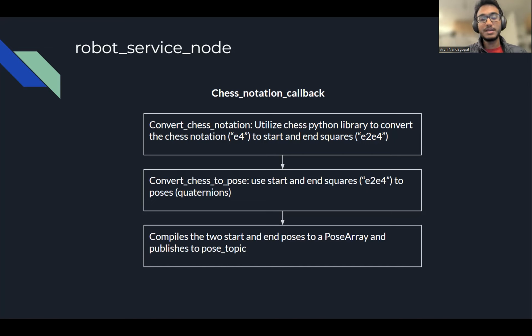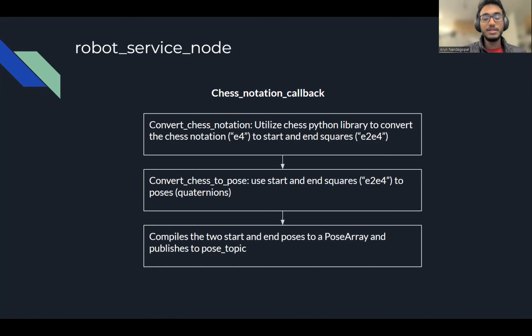So with the basic dimensions of the length of the squares, we can then navigate from these chess coordinates to actual world coordinates. And that's what this function does. And once we have this done for both E2 and E4, the start square and end square, we take those poses and combine them into a list of poses.